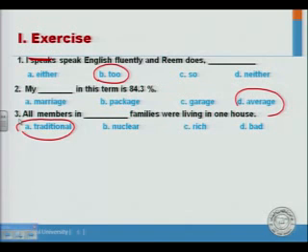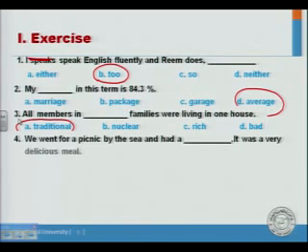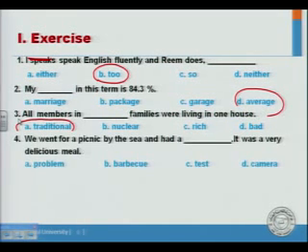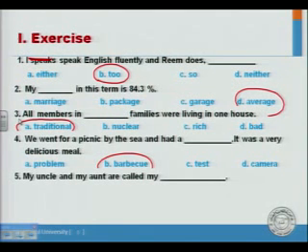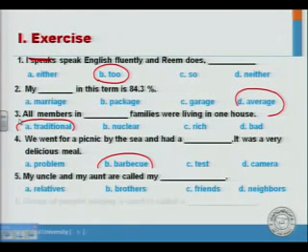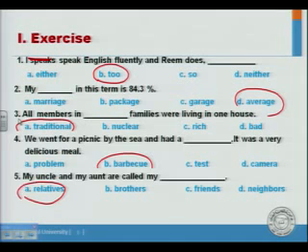The next one, number 4, we went for a picnic by the sea and it was a very delicious meal. Just to save time, the best answer is barbecue. Number 5, my uncle and my aunt are called, what do we call your uncle and your aunt or your cousins? They are called my relatives.